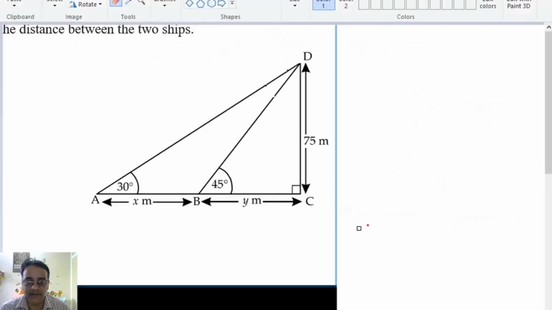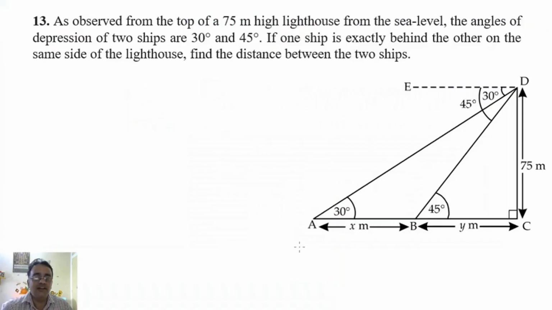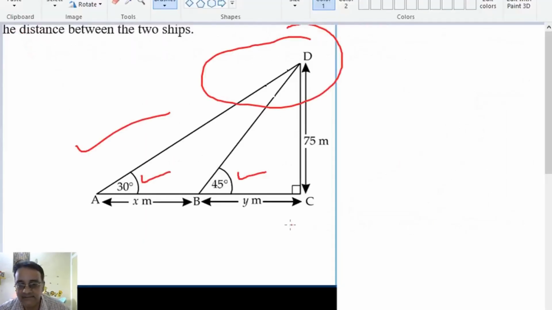Angle of depression. But if you draw this, where is the angle of depression? Nothing. Is this an angle of depression or an angle of elevation? Angle of elevation. Right. So in the question, the angle of depression is given, so that means your figure is wrong. Say yes.